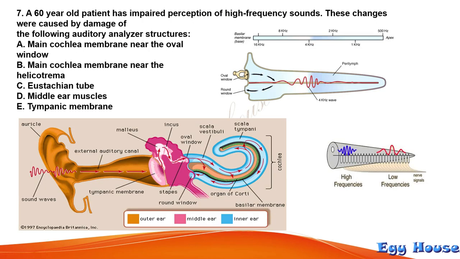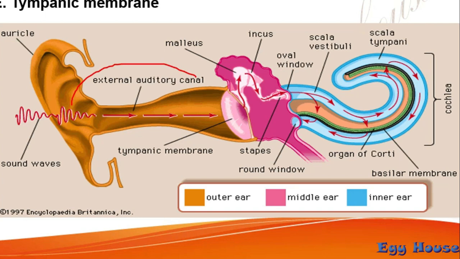So next, the patient lost perception of high frequency sounds, and this is caused by the damage of the main cochlear membrane near the oval window. As you can see here, the external ear, the middle ear, and the inner ear.